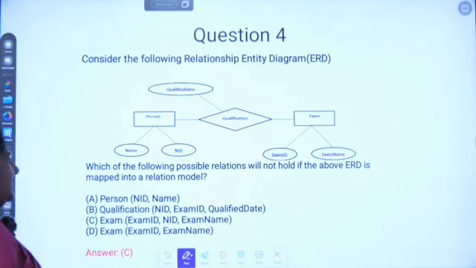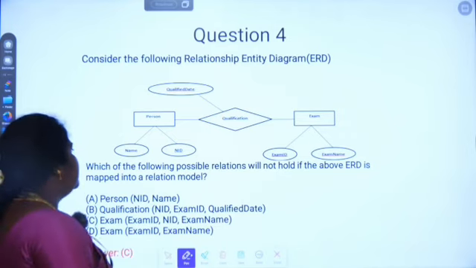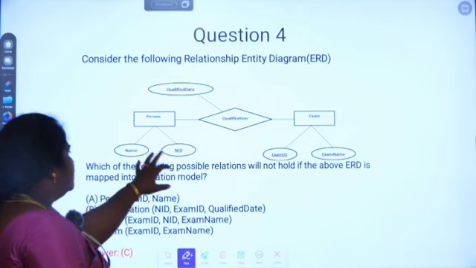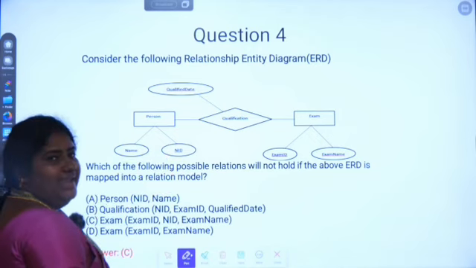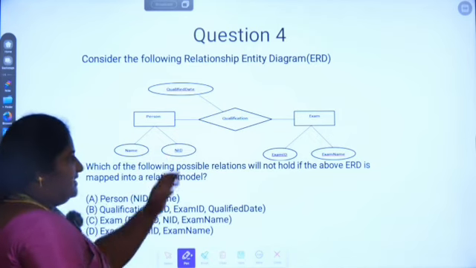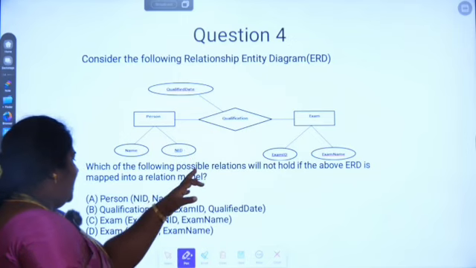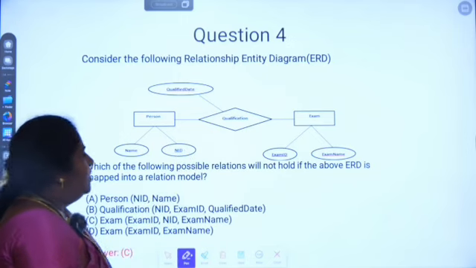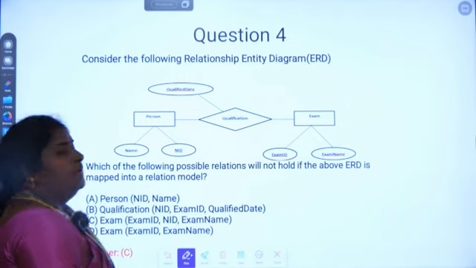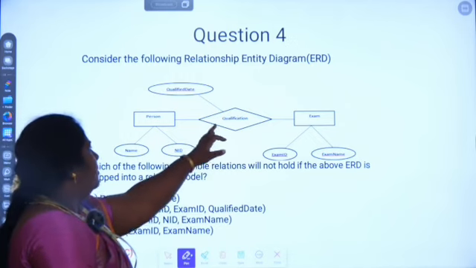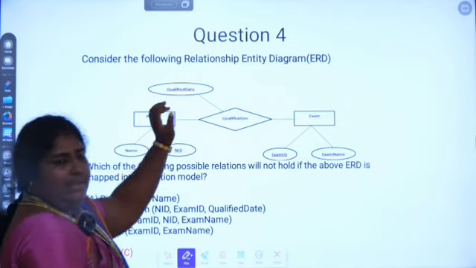When we create a table for person, it consists of 2 values: name and NID. The second table is exam, which consists of exam ID and exam name. We also need to create a table for the relationship because it consists of an attribute.